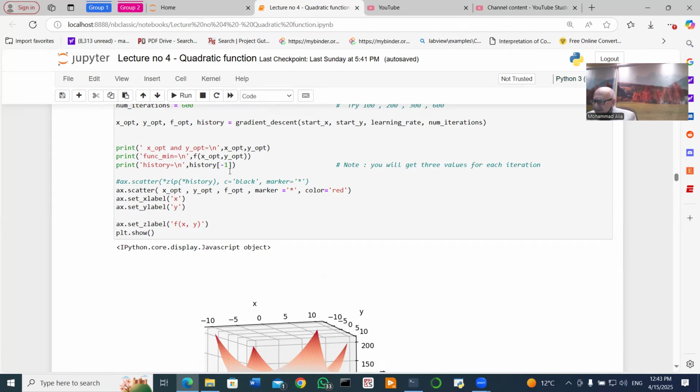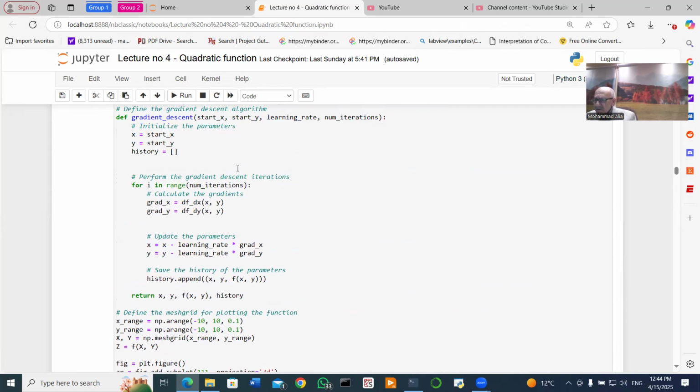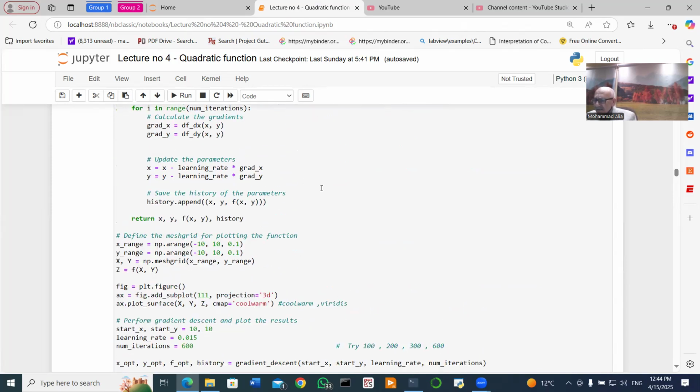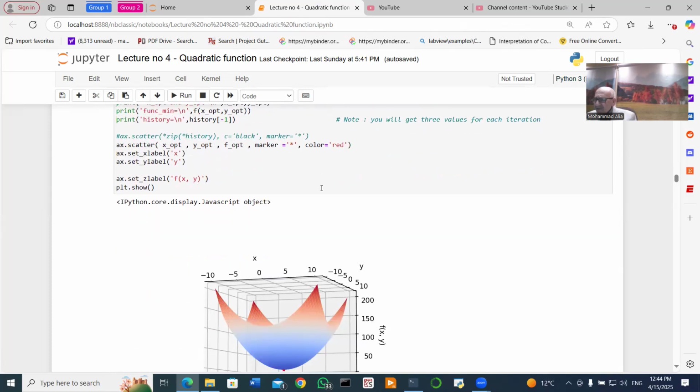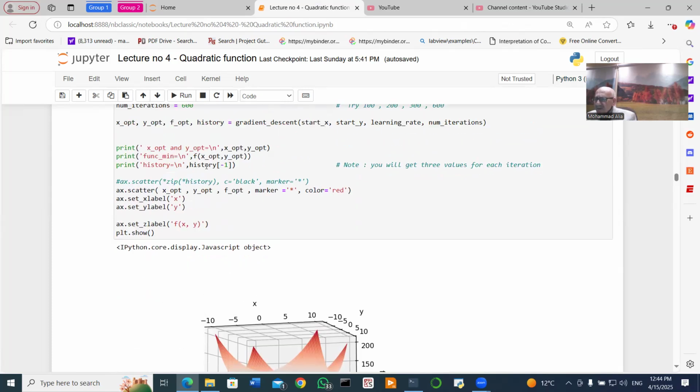-1 here is a sliced row from the history, which means the last value of x and y and the function. All this history will have three values now, x and y and the value of the function itself. So I asked to print history with a sliced last value to see it.